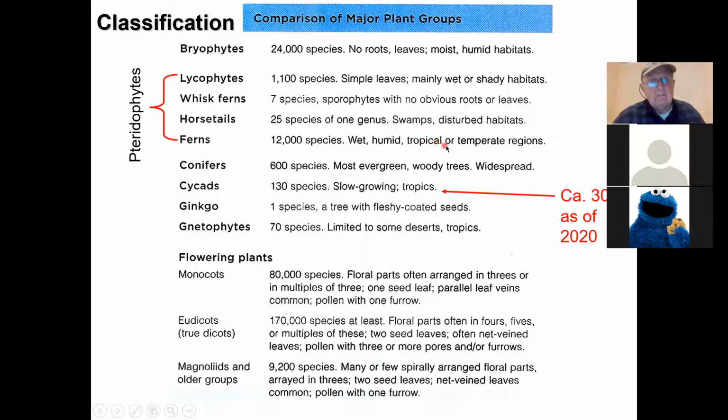Now, I put a change in here from the original slide. Back when I put this slide together, originally when I studied in the 70s and 80s, there were 100 species of cycads known. It wasn't long before 30 species more were added, and now about 300 species have been described.